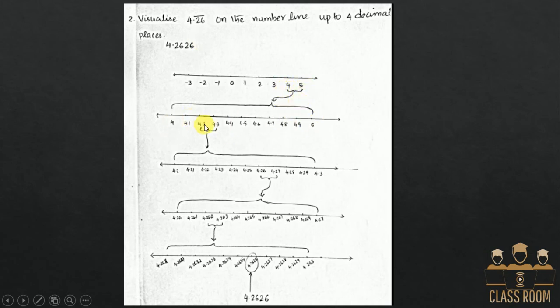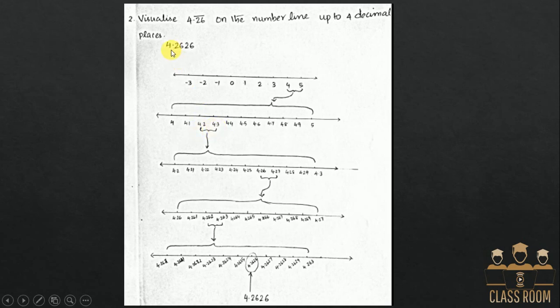So in between 4 and 5, we are plotting on the number line 4, 4.1, 4.2, 4.3, 4.4, 4.5, 4.6, 4.7, 4.8, 4.9 and 5. Now the number is between 4.2 and 4.3, right?